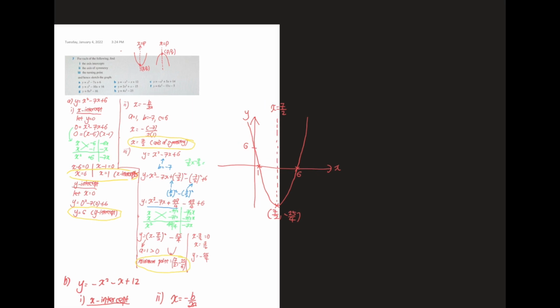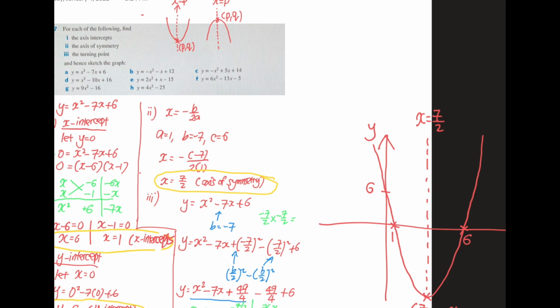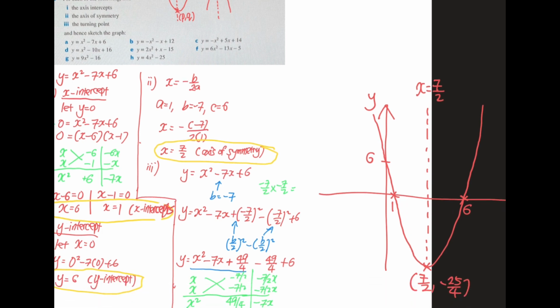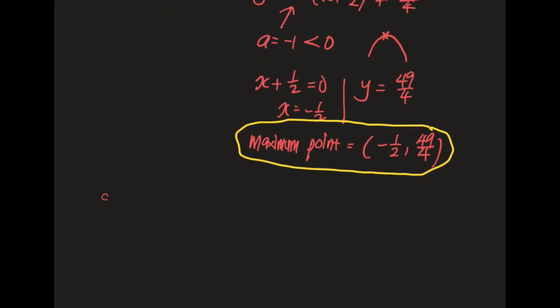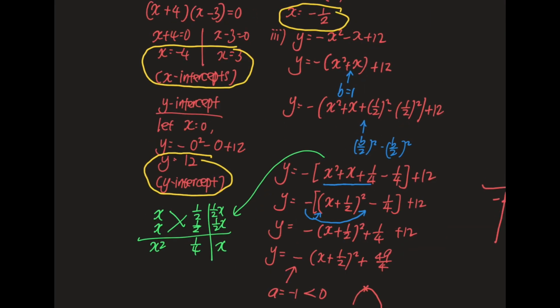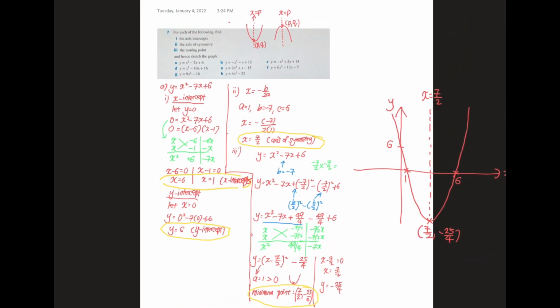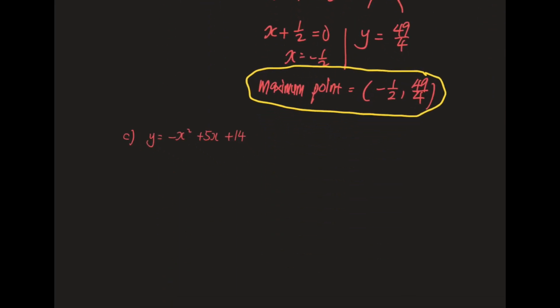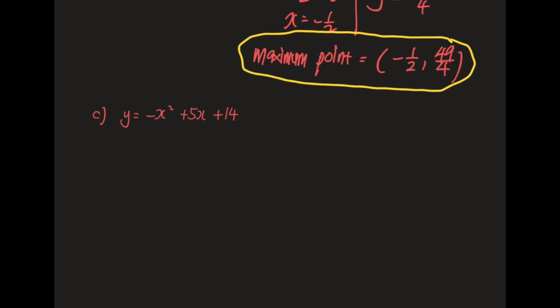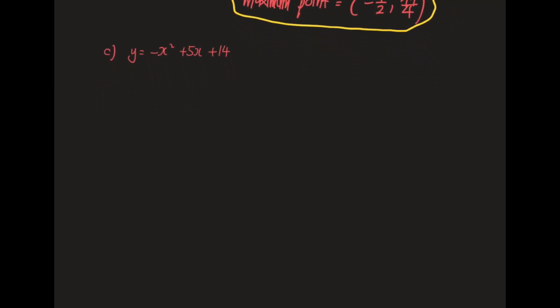Okay, let's look at C. y equal to -x squared plus 5x plus 14. Let's see how we can do it at a faster speed.